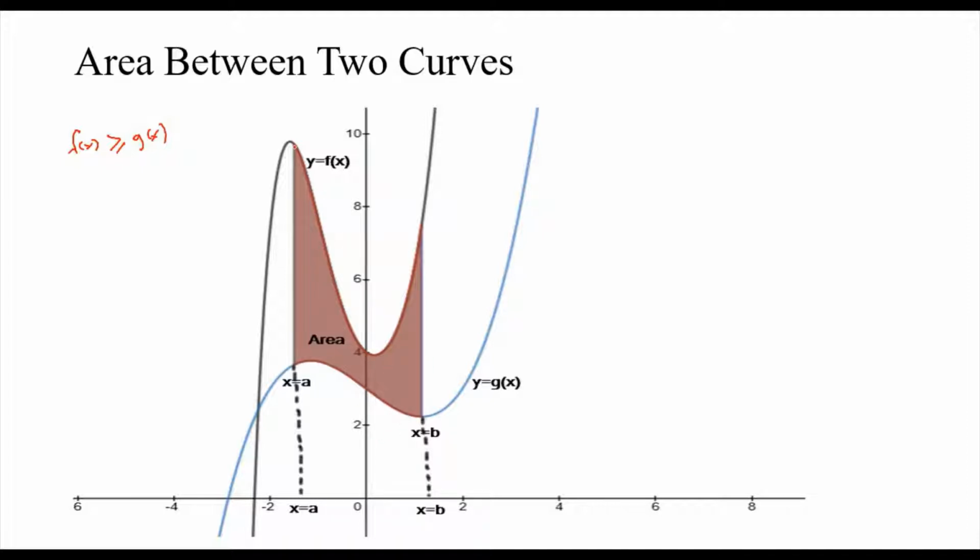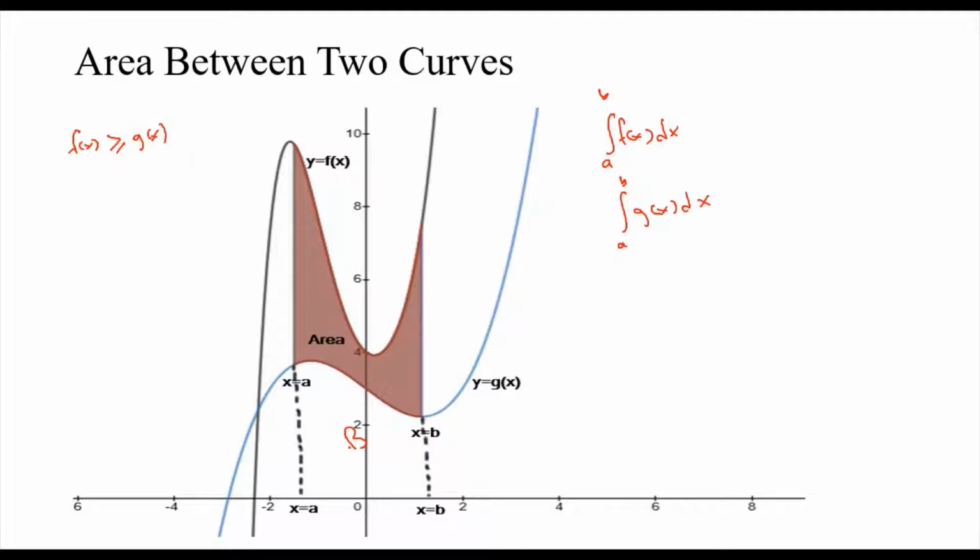Namely, the bigger area from the x-axis to the graph of the function f can be found using the integral from a to b of the function f of x dx. And then the little area right here, I'm going to call it area b, the area between the graph of the function g of x and the x-axis on the interval [a, b], can be found using the integral from a to b of the function g of x dx.